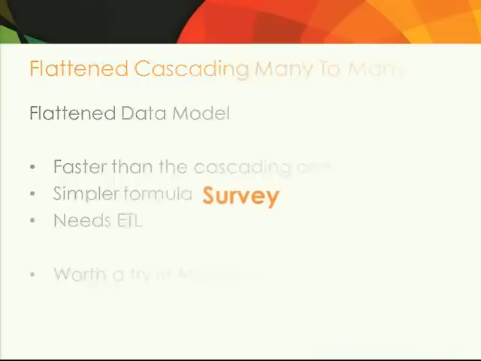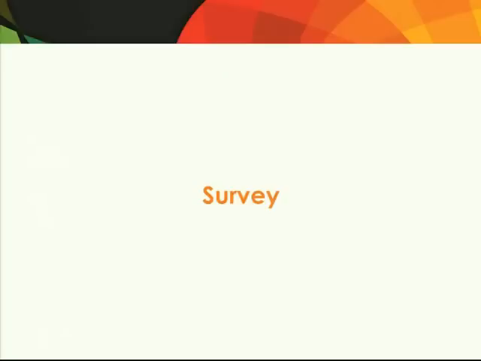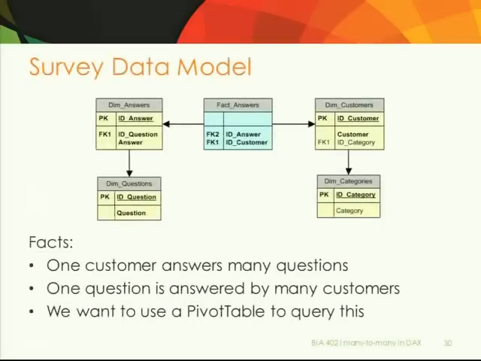Okay? Let's move on. Another data model that might be implemented using many-to-many is the survey data model. Survey is very common. A lot of people use survey and it has this simple data model. We have one fact table that contains answers and two dimensions, each split into two different tables: customers split in categories, and then answer and question.